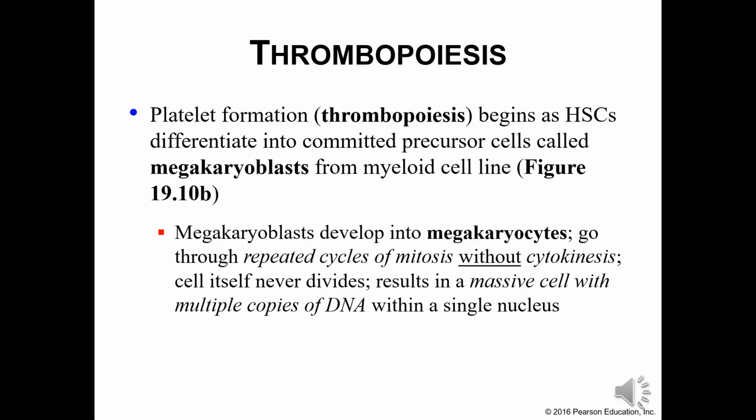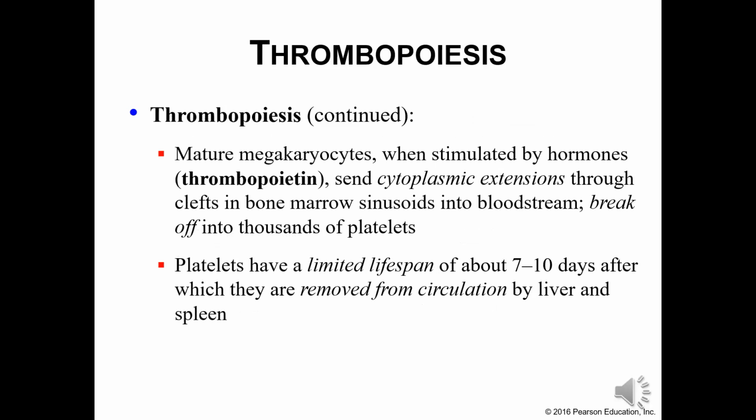The cell itself never divides, and that results in this massive cell with multiple copies of DNA within a single nucleus. That's the reason they're called mega, which literally means large nucleus. Cyte means cell, karyo means nuclear, and mega means large.